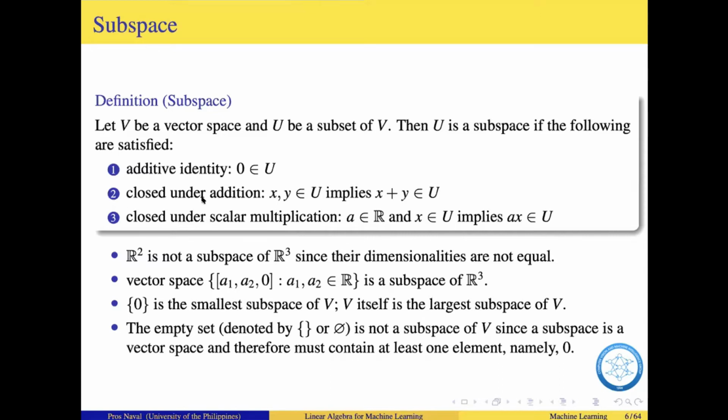Second, closure under addition means that if vectors x and y are elements of U, then the sum x plus y is also in U. The third condition is closure under scalar multiplication. If a is a real number in R and x is an element of U, then the scalar product ax is also an element of U.